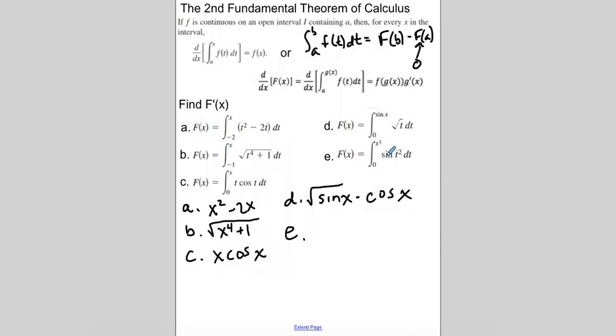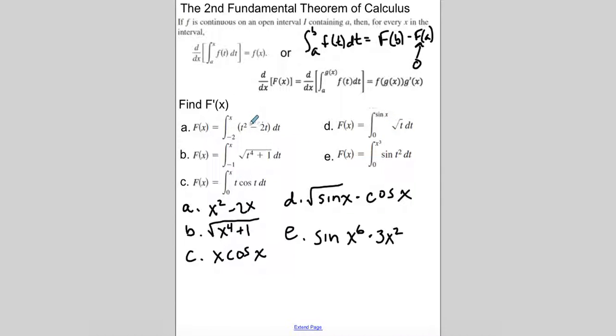E, again, we're going to replace the t with x cubed, and so that gives us sine x to the 6, because we're squaring the cube, times the derivative of x cubed, and that gives us 3x squared.